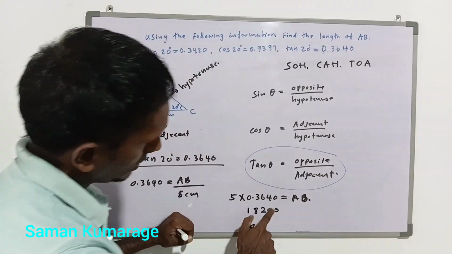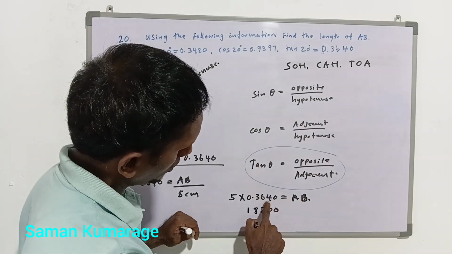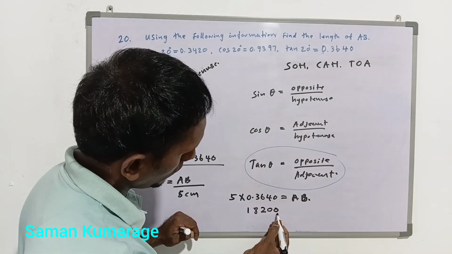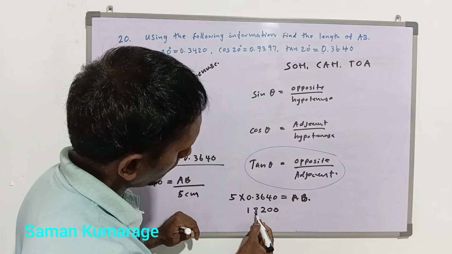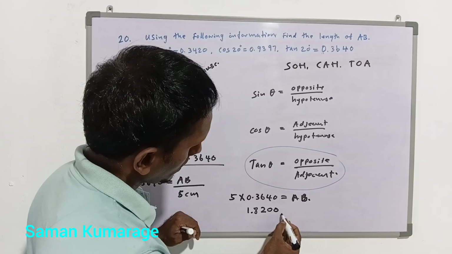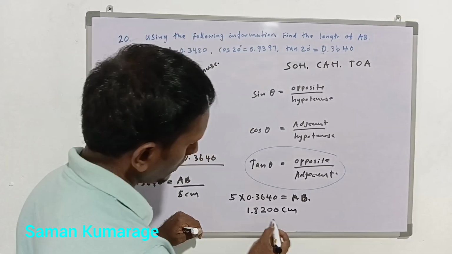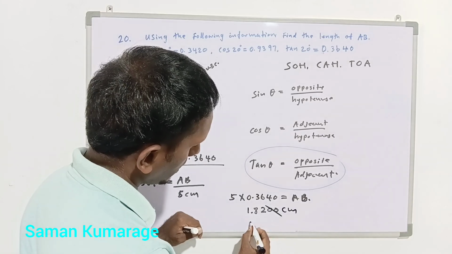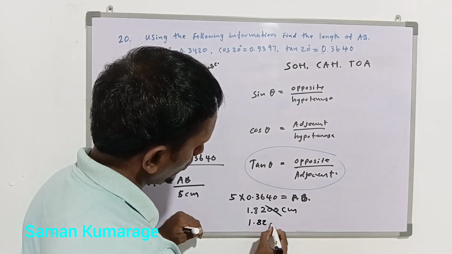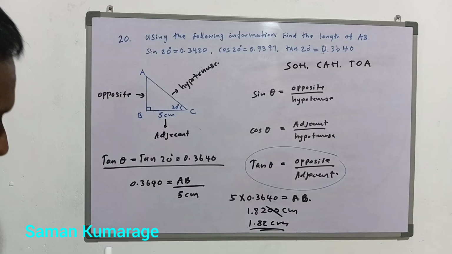Now see the number of decimal places from right to left: 1, 2, 3, 4. Place the decimal point here. This is the answer. Without these 2 zeros, we can write 1.82 centimeter is the length of AB.